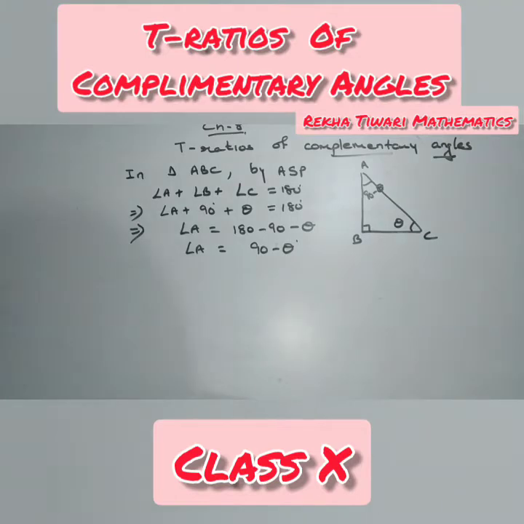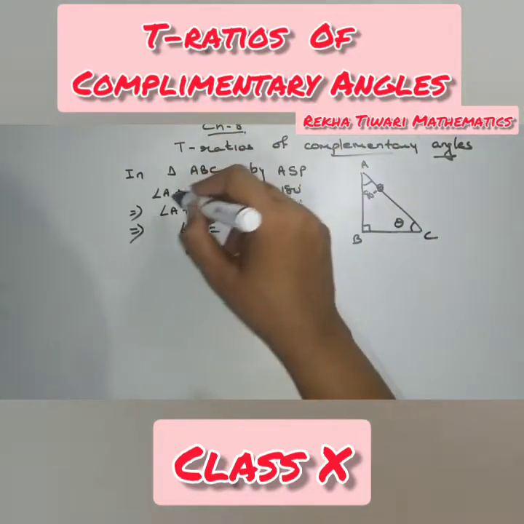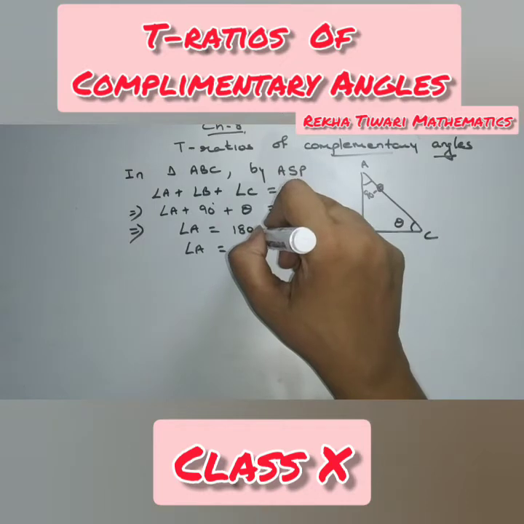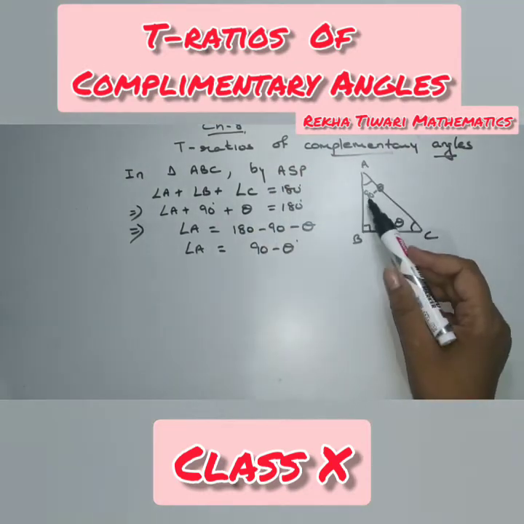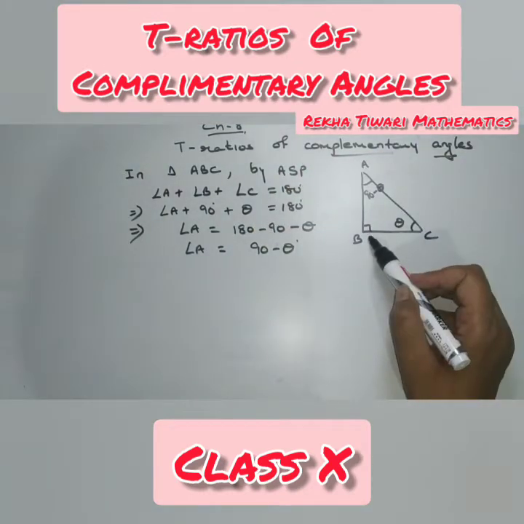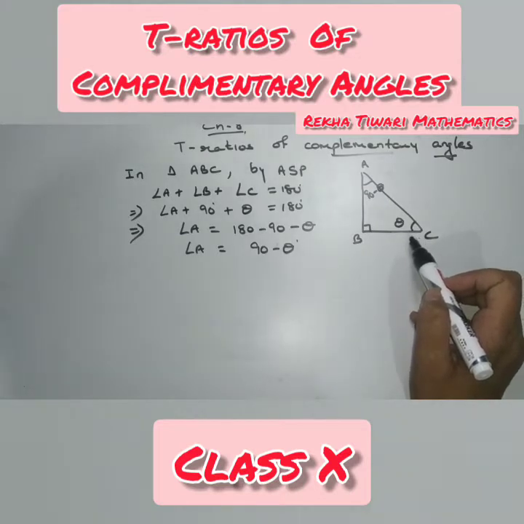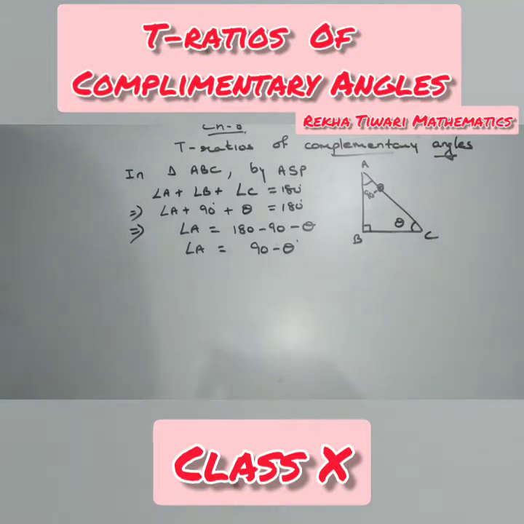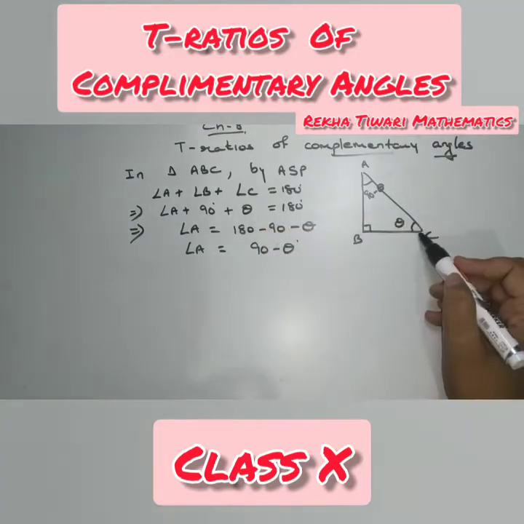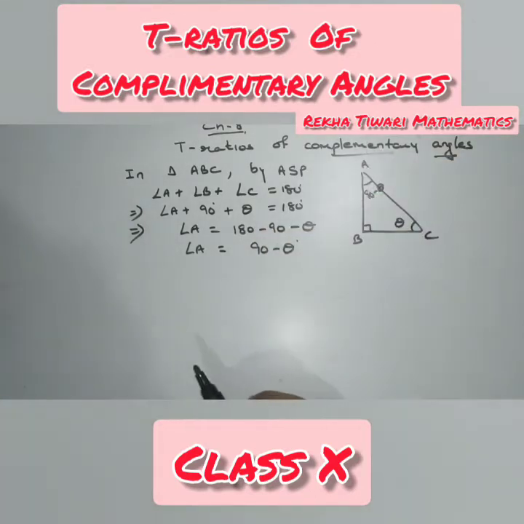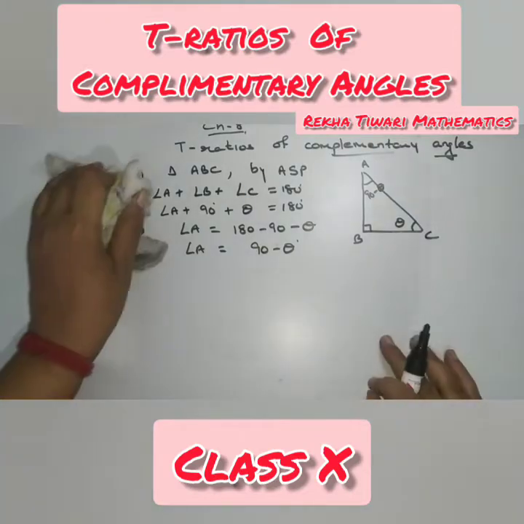Okay? And in spite of using angle sum property, it is clear that if out of these three angles one angle is 90 degrees, definitely the sum of the other two is also 90 degrees. Now let us use all the T ratios with respect to C and with respect to A, and then we are going to compare the ratios.